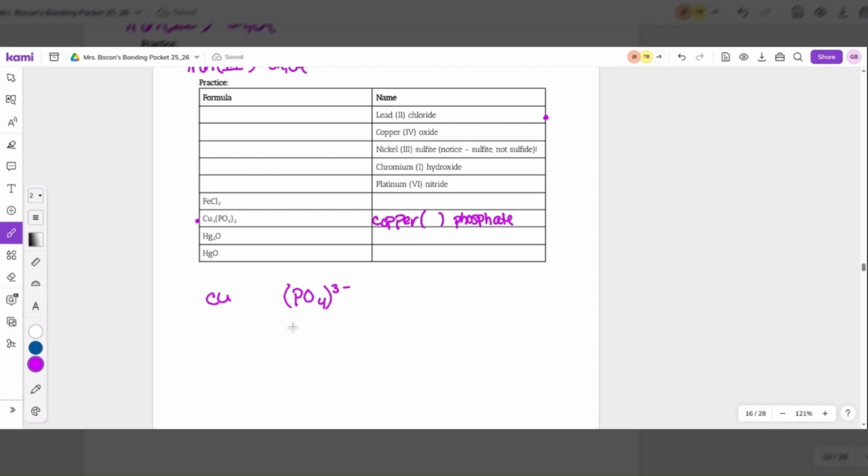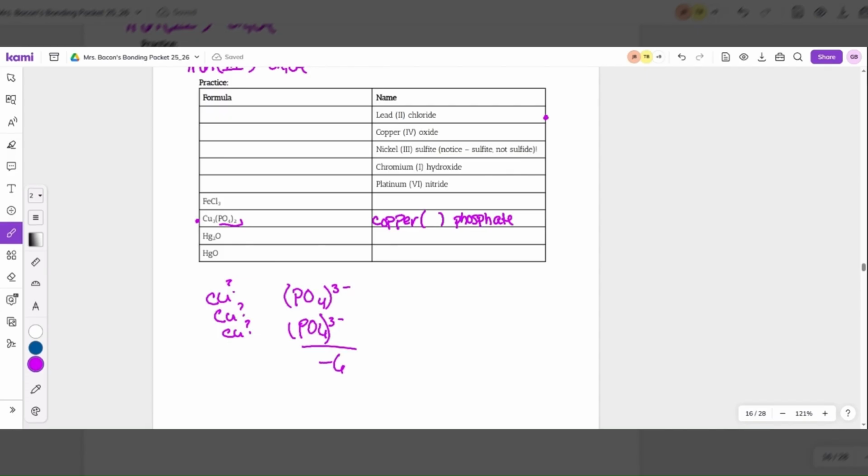I'm going to do this one just kind of drawing it out without the table. So PO4, I've got 2 of them. That means I've got 2 of these because it's 2 of this whole thing. Copper, I've got some charge on it. And I'm asking myself, what does the charge on these 3 ions have to be to balance out with these 2 ions?